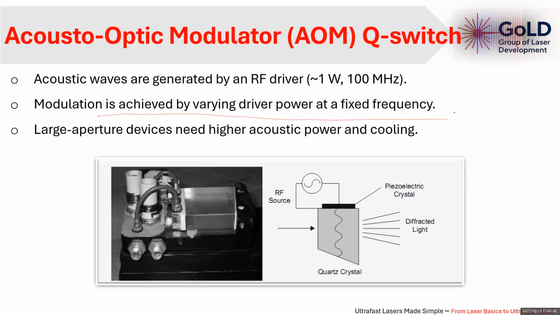So the driver power is changed and the frequency is fixed. This will help to switch on and off. When there is power, the light will diffract. When there is no power, the light will pass through the quartz crystal straight away.